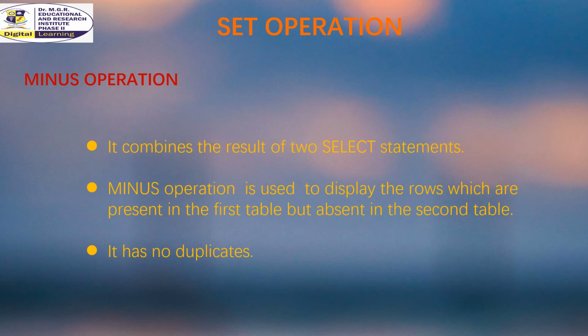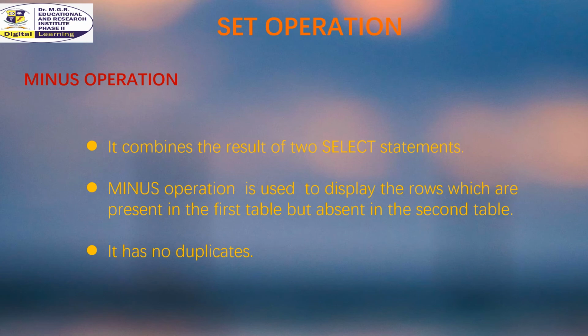Here we will see the fourth type of set operation, the minus operation. It can also be called the except operation. Now we will see the points to be remembered while using the minus operation. Point number 1, it combines the result of two select statements.